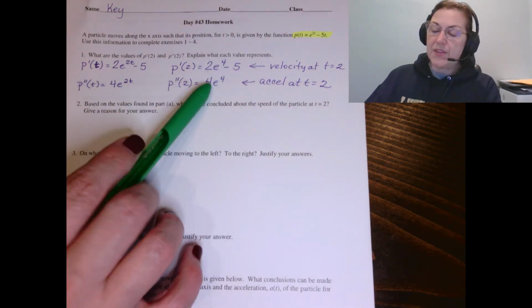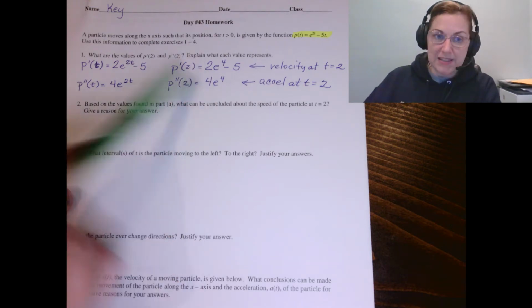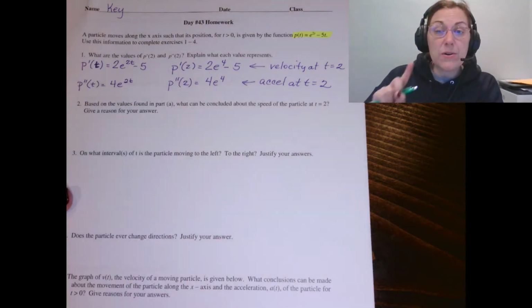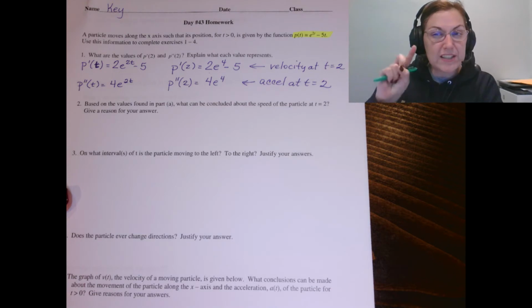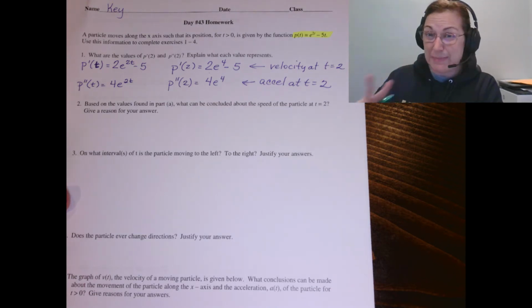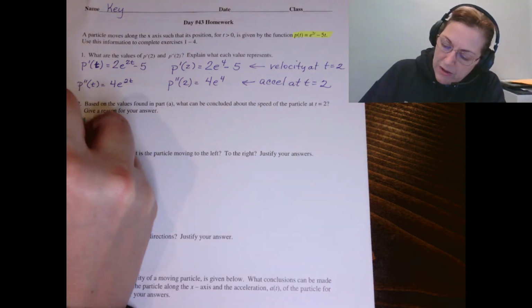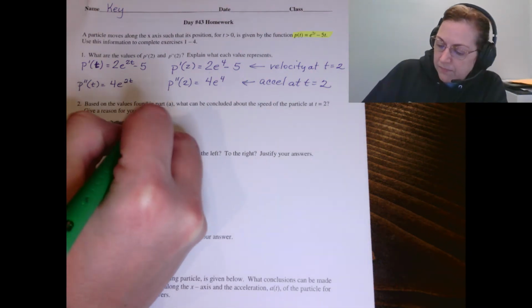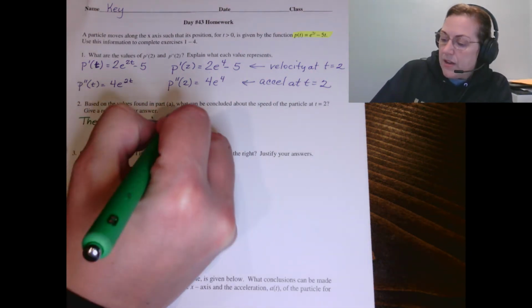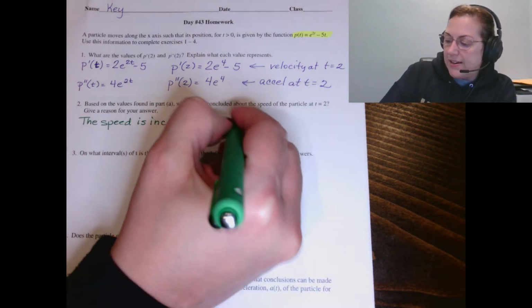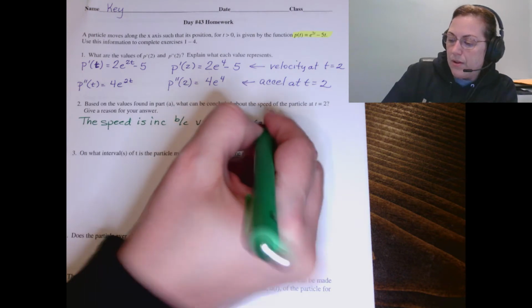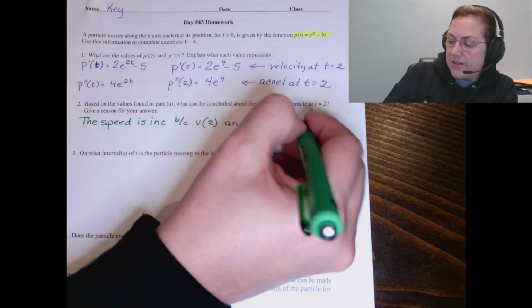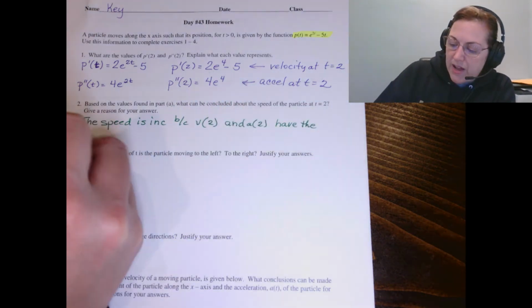Well, both of these values are going to come out to be positive. Since velocity and acceleration share the same sign, the speed is increasing, because v of 2 and a of 2 have the same sign.